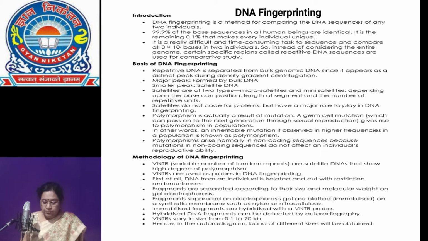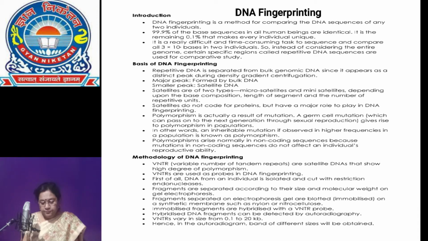When these mutations occur in germ cells, they are passed on to the offspring. If an inheritable mutation is observed in a population at high frequency, it is called DNA polymorphism. Polymorphism ranges from single nucleotide change to very large scale change.